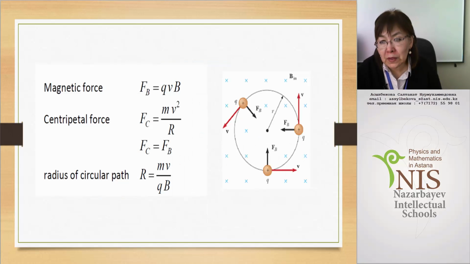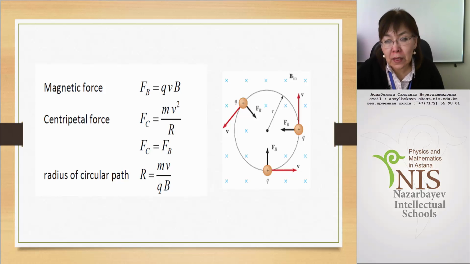Here are some formulas which let us, for example, find the radius of the circular path. You see the formula, which we call the Lorentz force formula, which lets us find the force of a magnetic field depending on the velocity, charge, and magnetic field intensity.